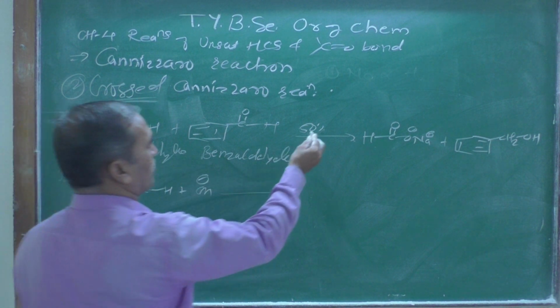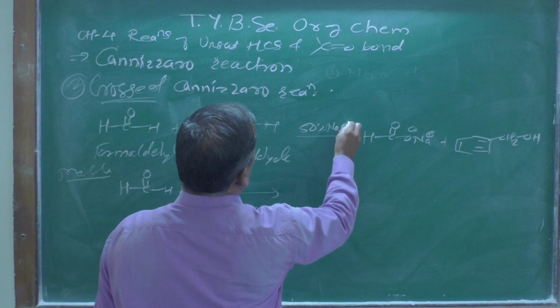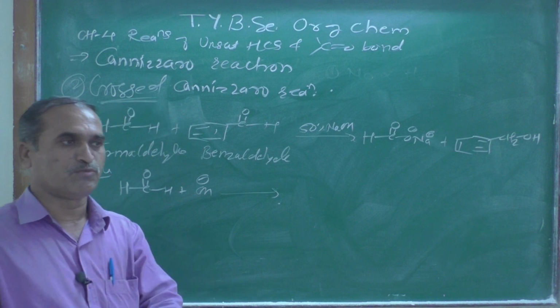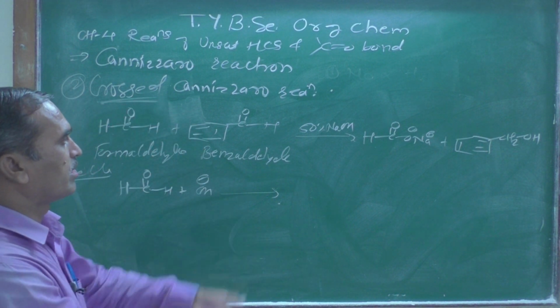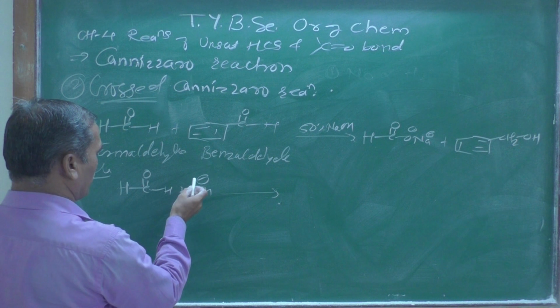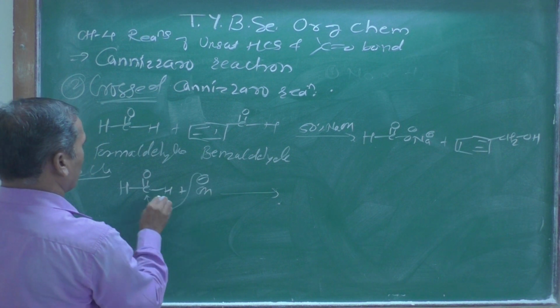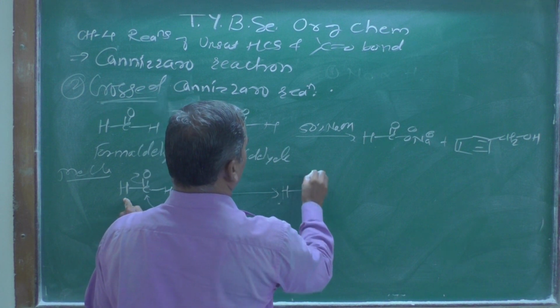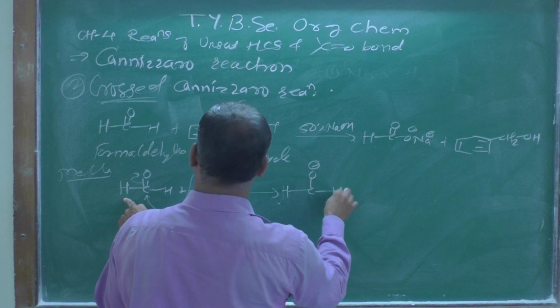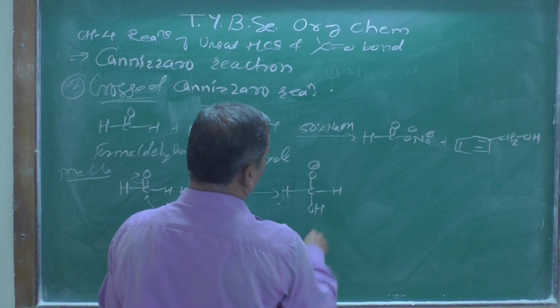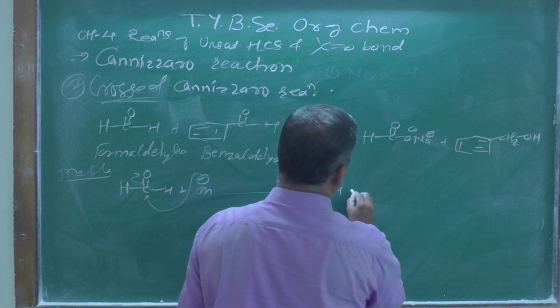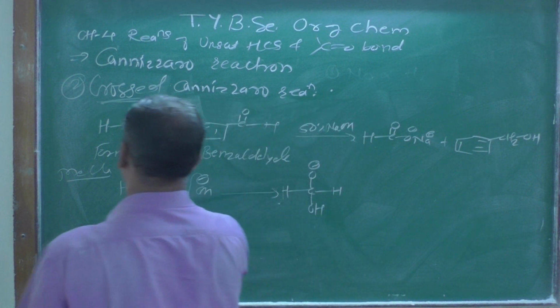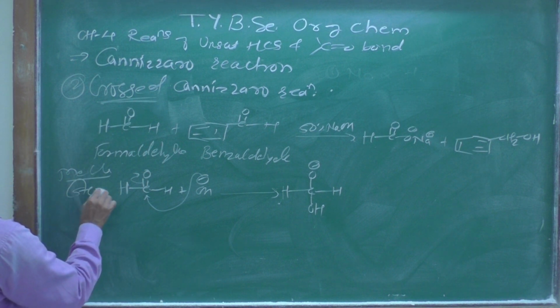It is coming from the 50% sodium hydroxide, the base which we are employing in the reaction. So OH minus comes from that side and attacks this carbonyl group, and we are going to get HCO minus with OH, which is coming from that one. And this is step number one, right?